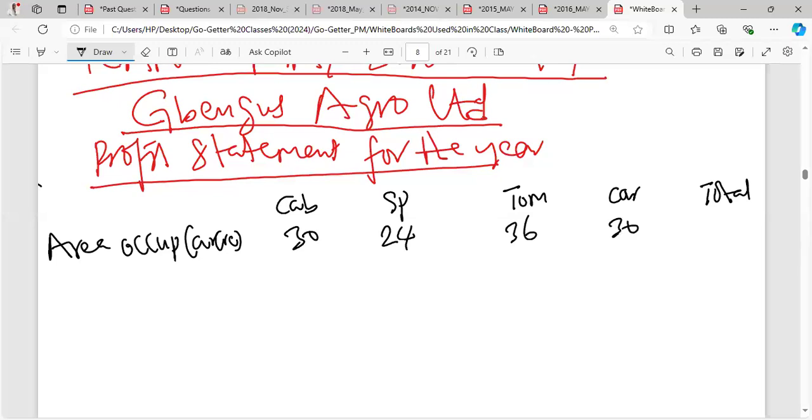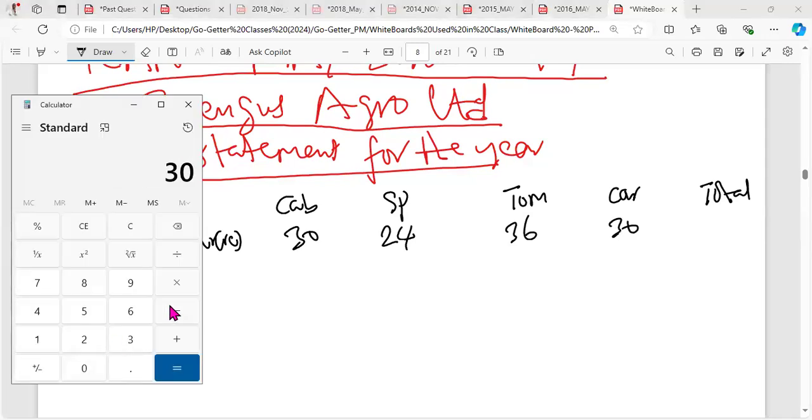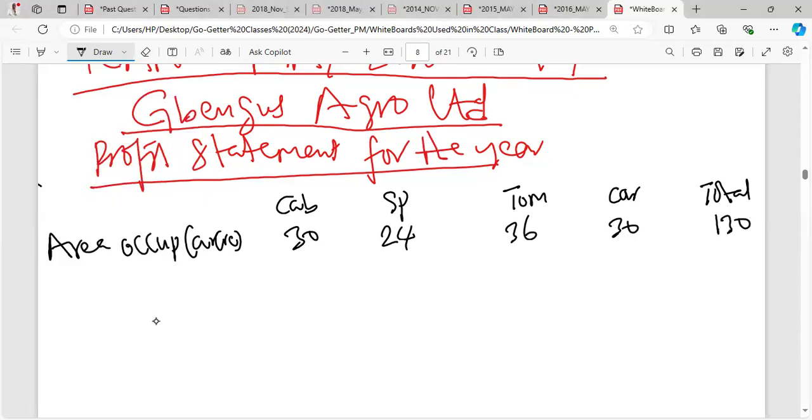If we are to add everything together, what do we have? 30 plus 24 plus 36 plus 30. We have 130 acres total.